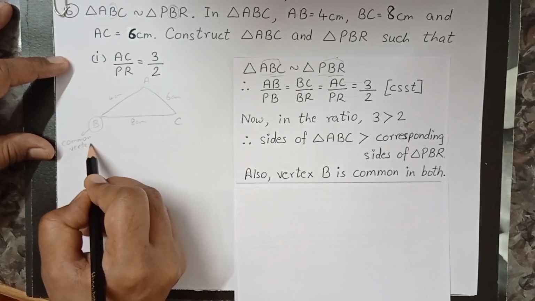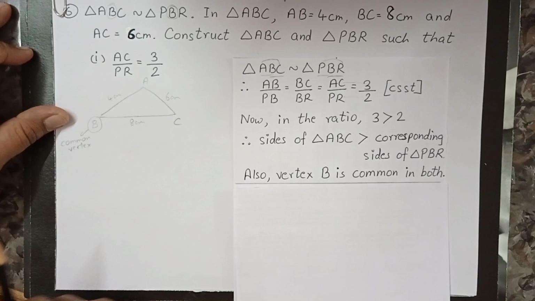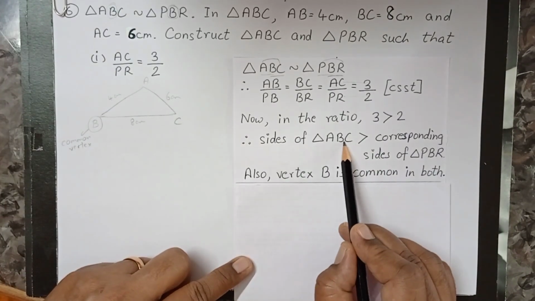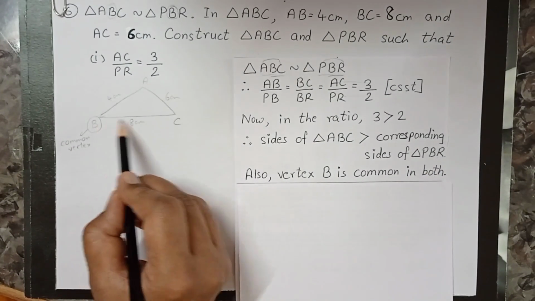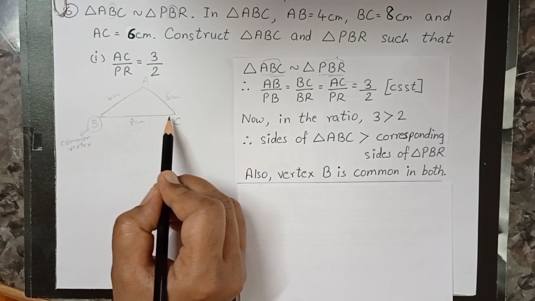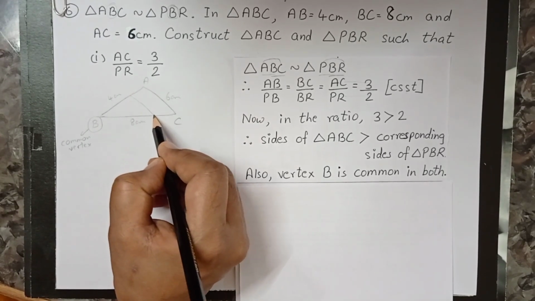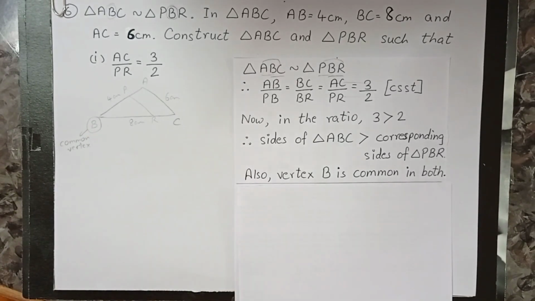This should come on the left hand side in the base. So you have triangle ABC. Now, we know side of triangle ABC is greater than the corresponding side of PBR. That means point R has to be somewhere in between B and C. So your figure would be somewhat like this. PBR, something like this. Okay.